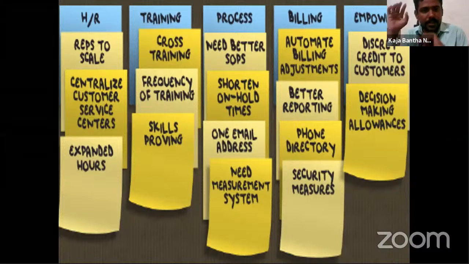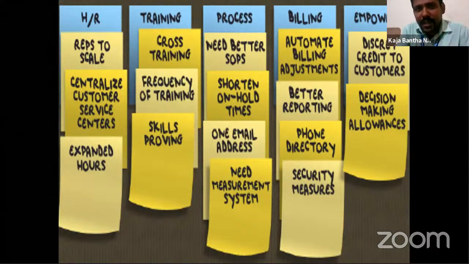For example, just see empower, what connections are there, what classes are there, you can see. In billing, what connectivities are there, what clusters you can make, like a phone directory. You take this type of people, phone directory comes first.